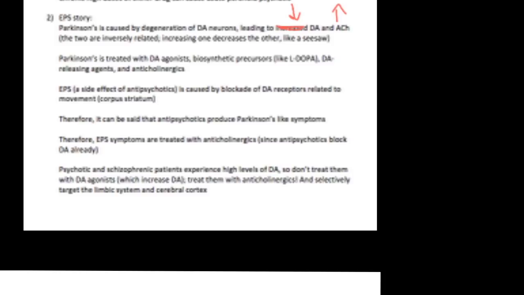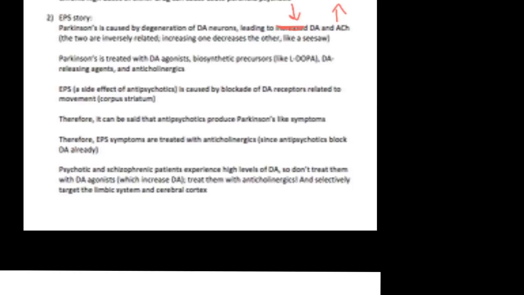These two are inversely related, increasing one decreases the other, like a seesaw. Parkinson's, therefore, is treated with dopamine agonists to increase the dopamine, biosynthetic precursors like L-DOPA, which is converted to dopamine, dopamine-releasing agents, therefore increasing dopamine, and anticholinergics. Because, as I said earlier, these two are inversely related. So decreasing acetylcholine increases dopamine.